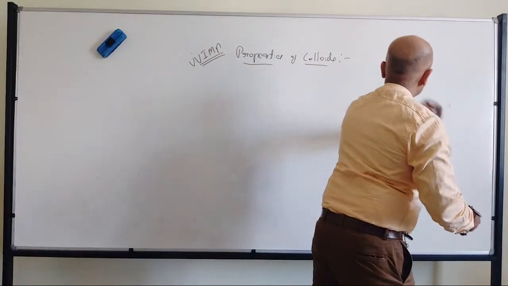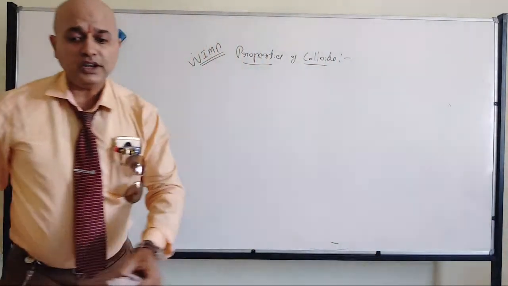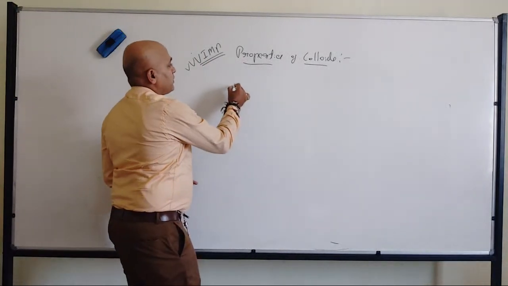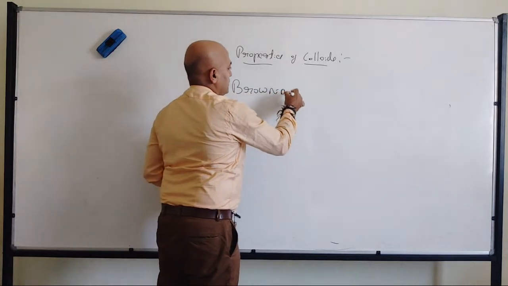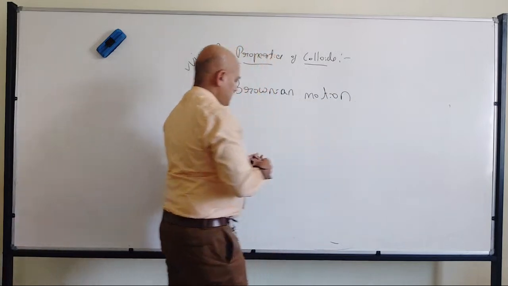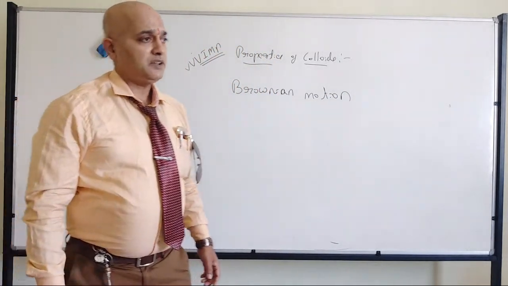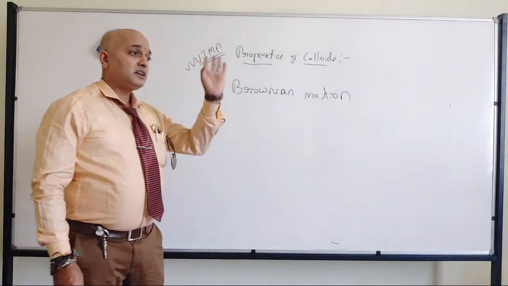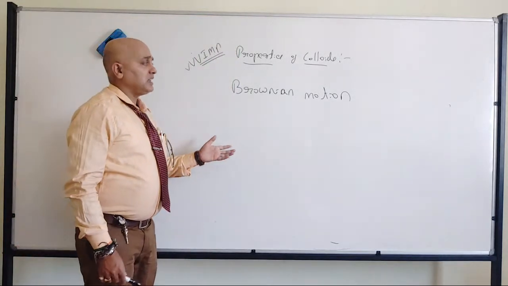Whatever next property I will be telling is also very, very important. That is Brownian motion. Tyndall and Brownian are both named after the scientists who identified them. Brown identified this motion, and Tyndall identified the scattering of the light.